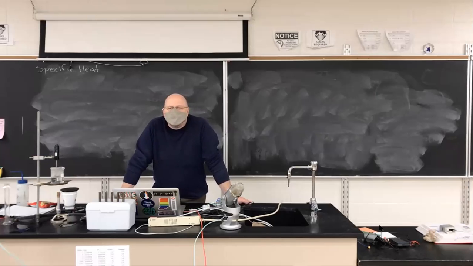Now, if the temperature gets above 0 degrees Celsius or 32 Fahrenheit, the ice is going to start melting. Where's it going to get the energy to do that? From the difference in temperature, the air.